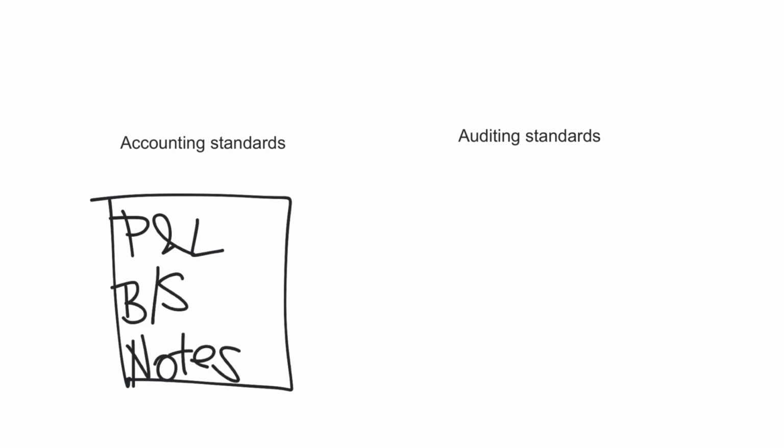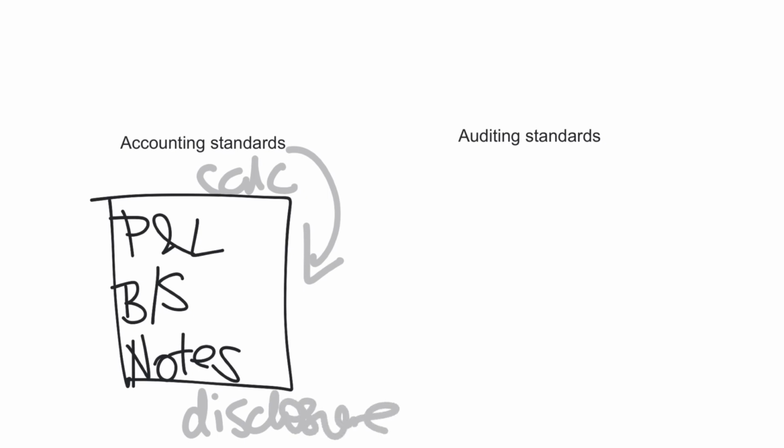So the accounting standards help us understand exactly how to do those calculations, and also how to do the disclosures. Now I'd normally use a stylus, but somehow in the last 2 weeks I've lost all of my styluses. So I'm just using my finger.